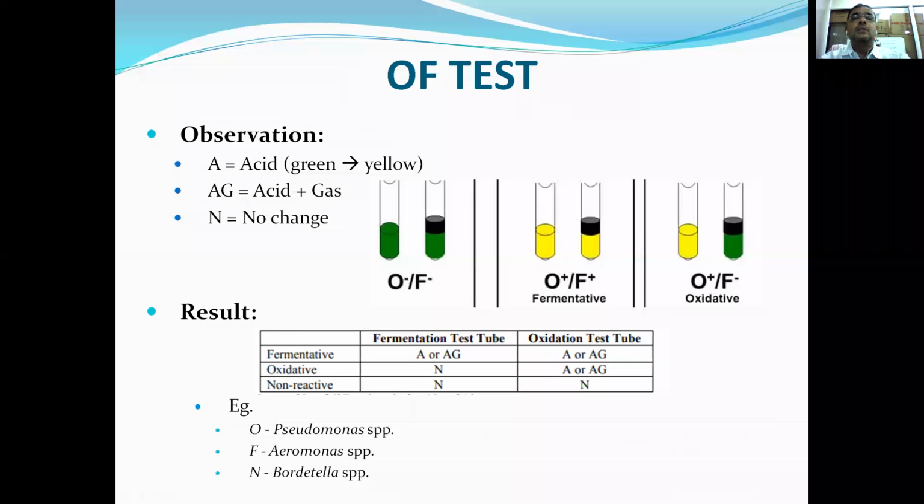They cannot utilize glucose, and that's why they do not give a reaction in this test, so you may need to go for some other sugar. For example, Pseudomonas generally gives an oxidative result, whereas Aeromonas gives a fermentative reaction, and particular Bordetella species give a non-reactive reaction. So this is in brief the observation, procedure and result of the OF test.